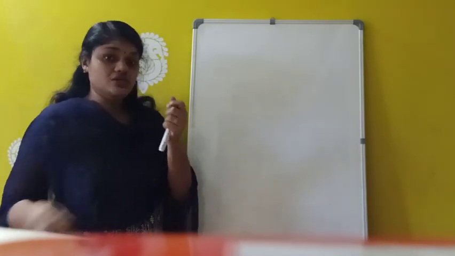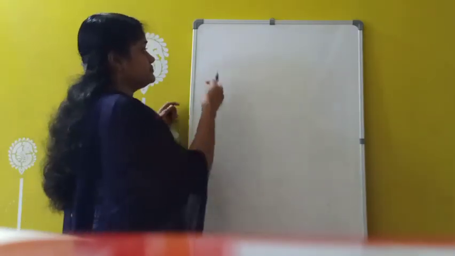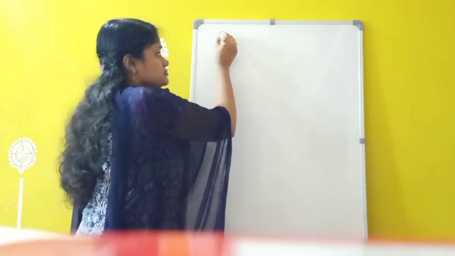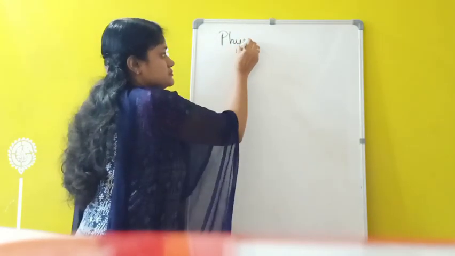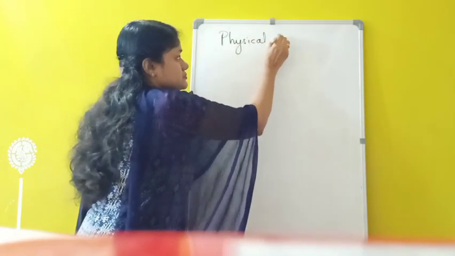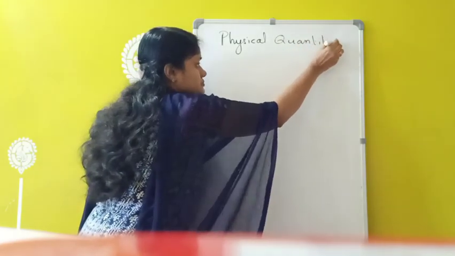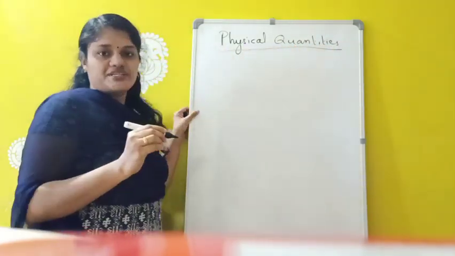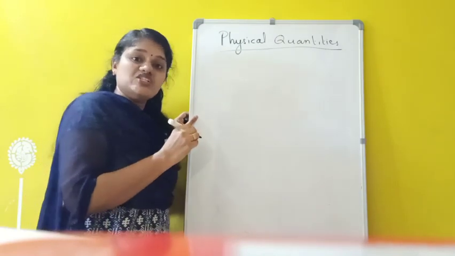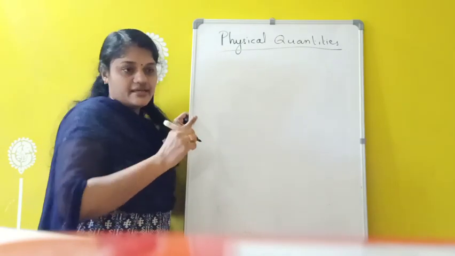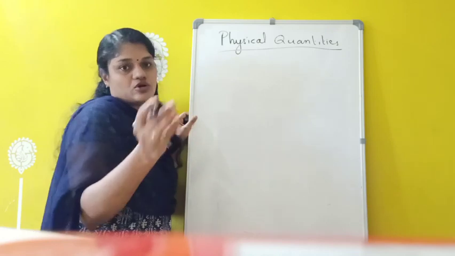Next we can study what a physical quantity is. Physical quantities are quantities which can be measured directly or indirectly, and to which we can apply various laws in physics.